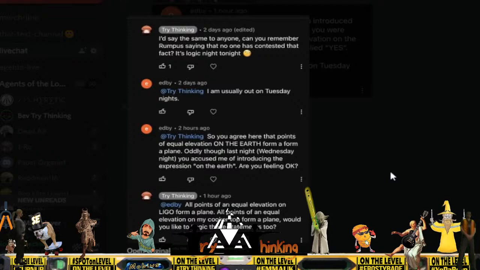Right, so here's my take on this, Beddyism. I say, all points of equal elevation on LIGO form a plane. All points of equal elevation on my cooker top form a plane.